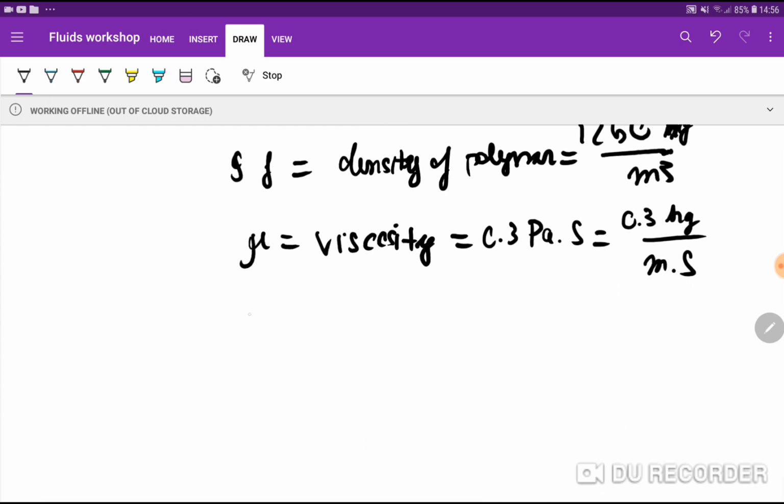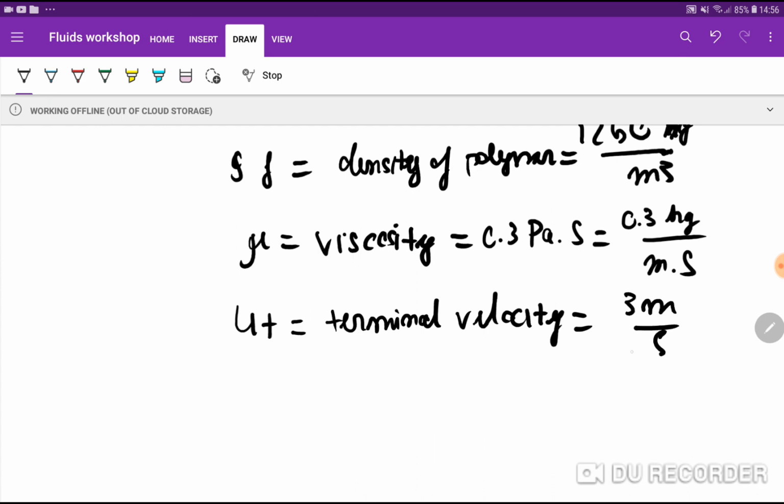Okay, terminal velocity, ut, is 3 meter per second. And I will use 9.81 meter per second square for the gravitational constant.